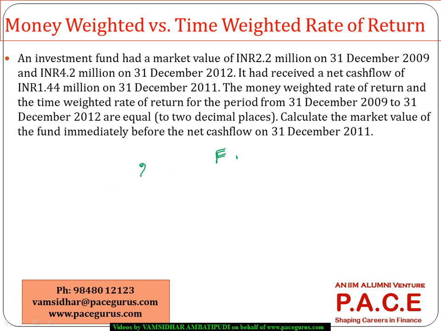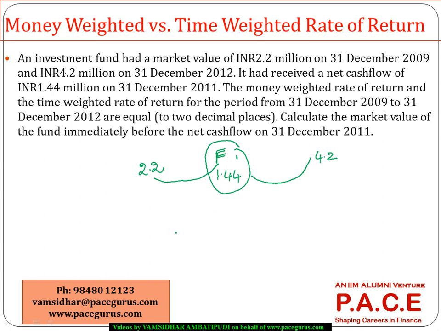The 2.2 million which was invested in 2009 has become some F before 1.44 million was added, and that F plus 1.44 again invested to result in 4.2 at the end of 2012.